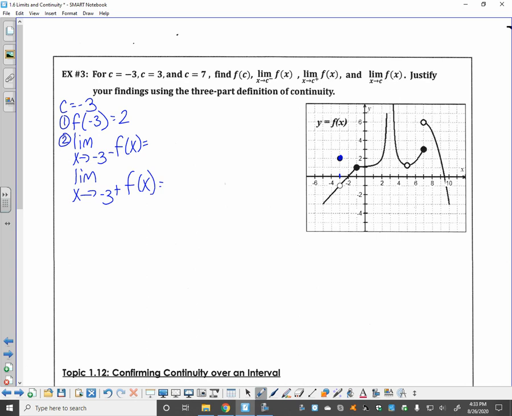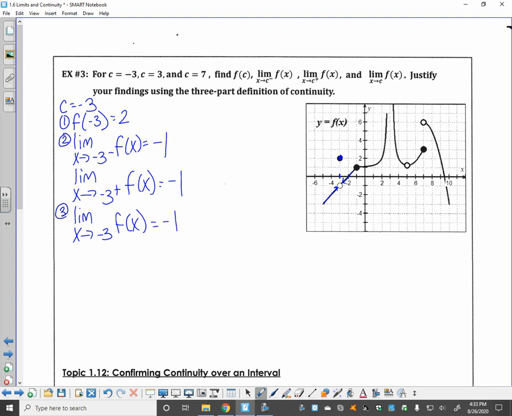Just going to go ahead and write both of those. Okay, -3 from the left, -1. -3 from the right, -1. Okay, now because of everything we established in number 2, I can now conclude that the overall limit as x approaches -3 of f of x equals -1.